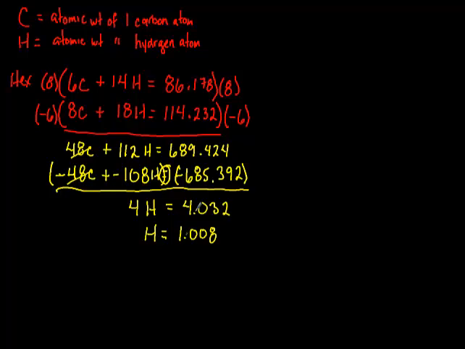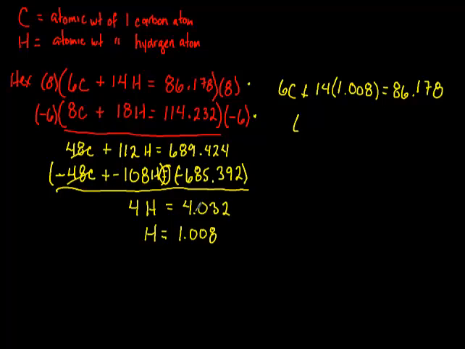To find the atomic weight of carbon, I take the value of H, go back to one of the original equations, pick the one that you think is going to be easiest. I'm going to choose the first one. So I replace H with 1.008. So I have 6C plus 14 times H, which we now know is 1.008, and that's equal to 86.178.